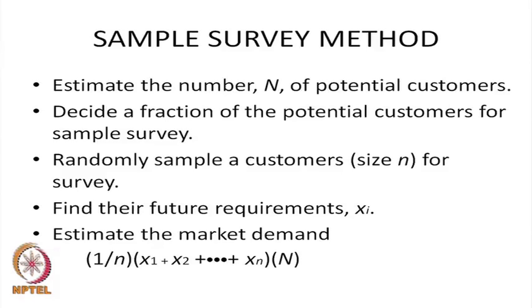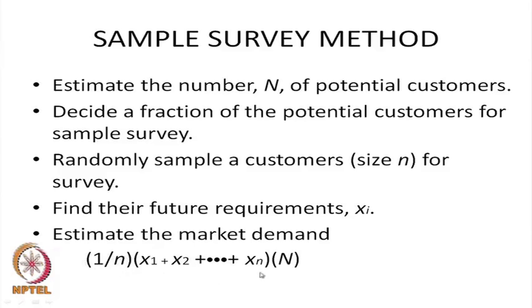Then if there are small n number of such customers with whom contacts could be made and their individual requirements could be obtained, then the average requirement is x1 plus x2 etcetera plus xn divided by n.